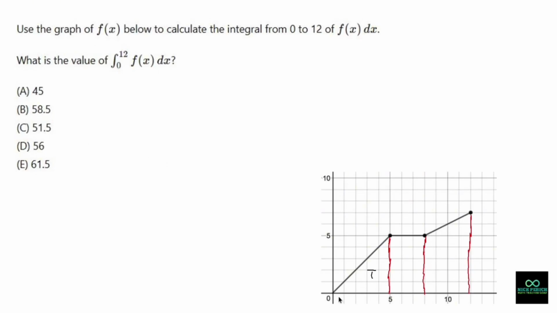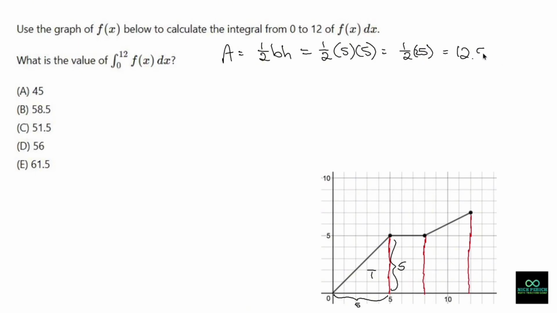Okay, this is a triangle that has a base of 5 and a height of 5. Okay, so the area of a triangle is half times base times height. So in this case, half times 5 times 5, which is going to be half of 25, that's a 5, which is going to be 12 and a half.